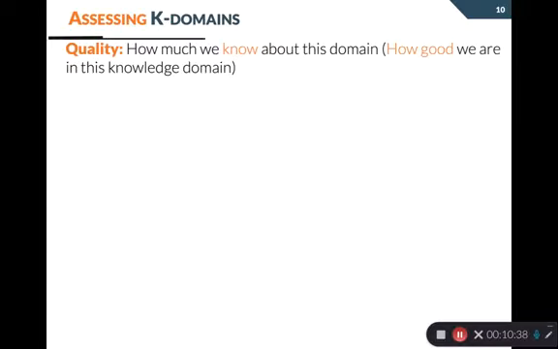And here there are three dimensions we use for assessing the situation of a knowledge domain. The first one is quality. How good is the organization in that knowledge domain?